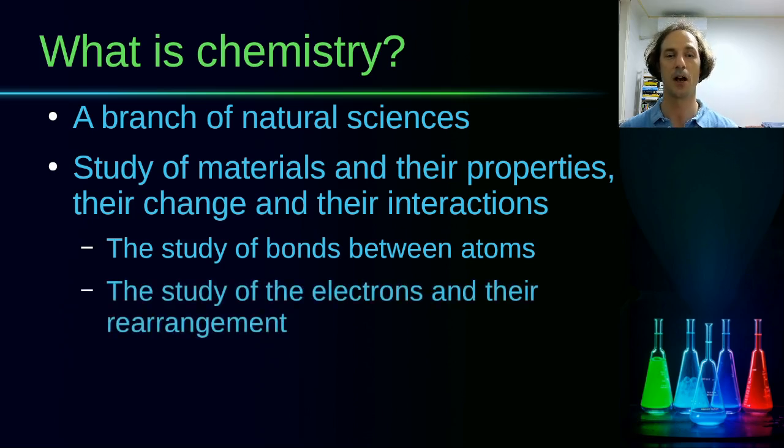We can study how these bonds break and new bonds are formed, which are basically just movements of electrons. Chemical bonds are all based on electrons, so when we study chemistry, we study how electrons are rearranged between atoms. At least, this is the modern understanding of chemistry.